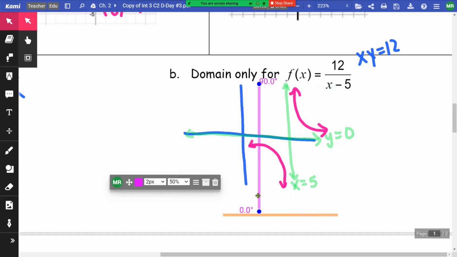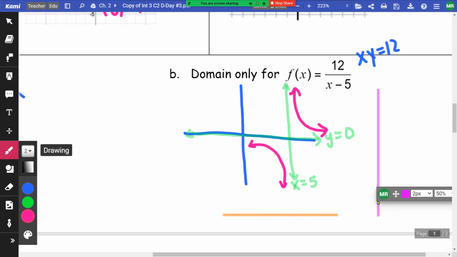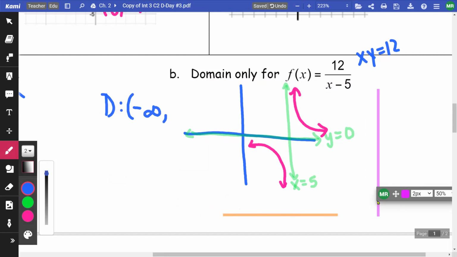I've got graph until I get to 5. No graph at 5. But after 5, I have graph forever and ever. So the way I would write that, my domain is going to be negative infinity, open bracket, to 5, open bracket, union.